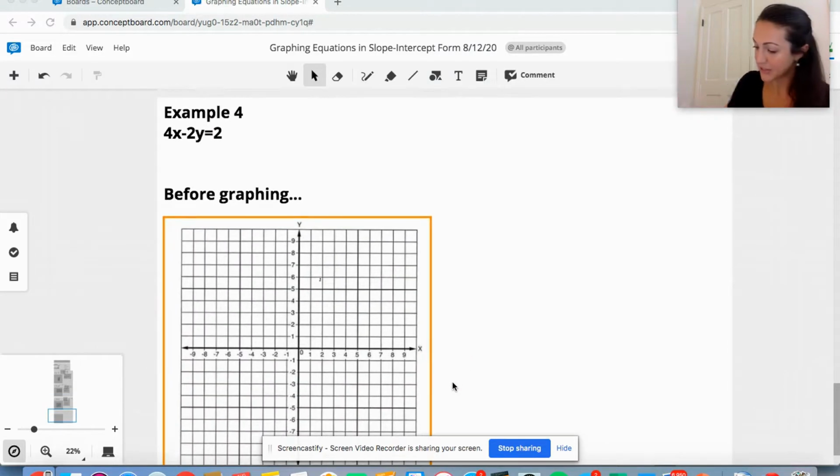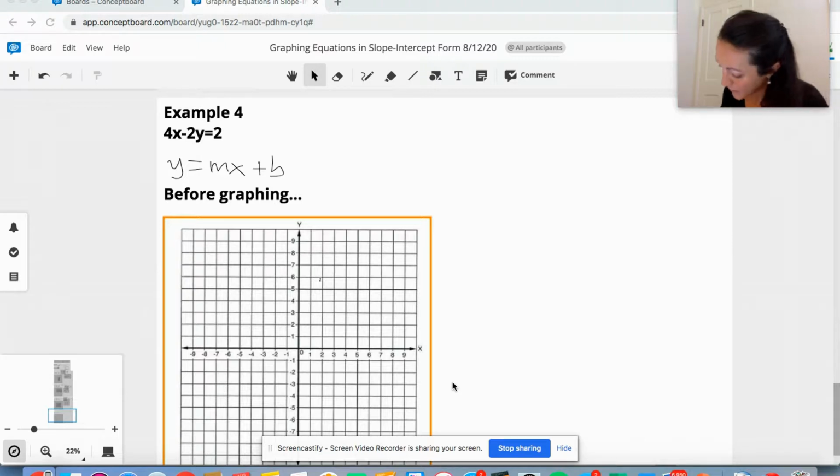And as I mentioned in the introduction, this is not in slope-intercept form. So we'll have to do a little bit of algebra to get y alone and to put it into the form y equals mx plus b. So I'm going to rewrite it over here so that we have enough space to solve for y.